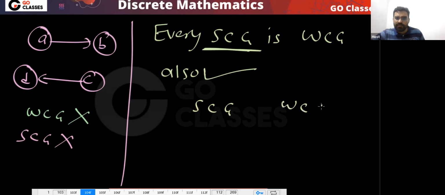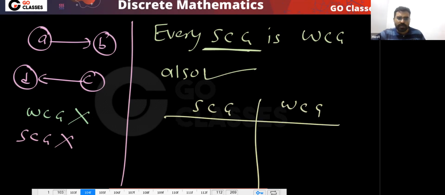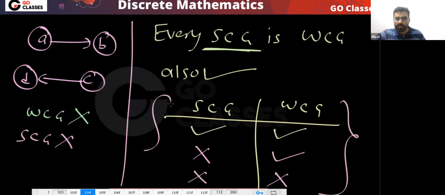If this is true, then this is also true. But if this is not true, then this may or may not be true. So these are the three categories possible. Is this clear? Every strongly connected graph is weakly connected also, because you only have one strongly connected component.